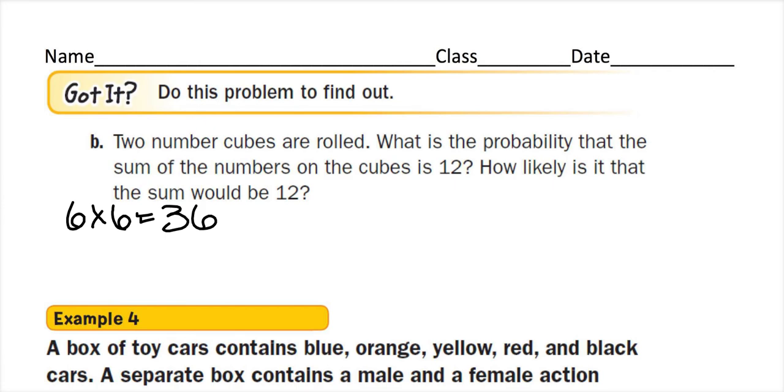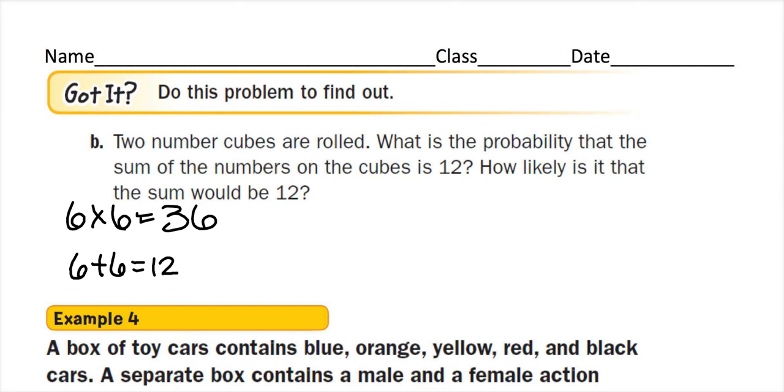So how many ways can we get a 12? Let's think this out for a minute. I can get a 1 and a 6. Nope, that won't work. Just a 6 and a 6. We can get a 6 and a 6 to make 12. Oh, that's it. When you're playing a game, you can only get a 12 by getting double sixes. So there's only one way that can happen.